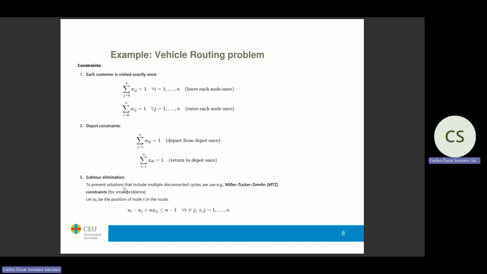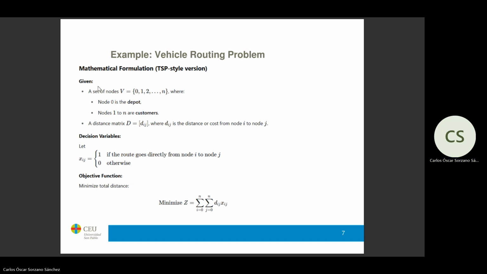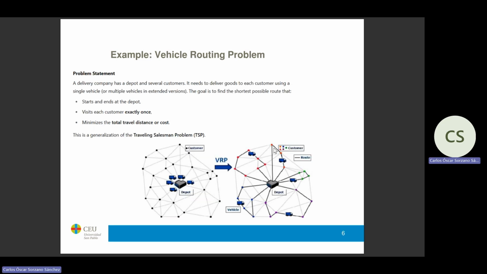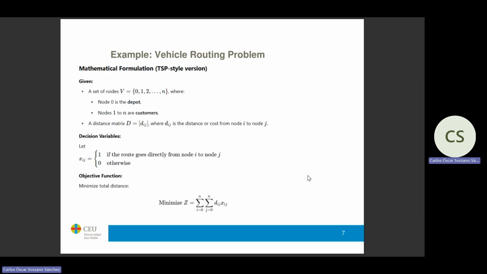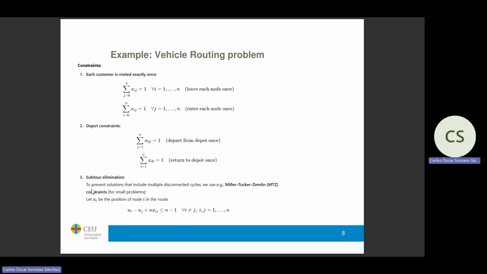And then there is this subtour elimination that we already presented with the traveling salesman problem. That is, you don't want to create cycles here so that you don't go to the depot. So you don't want the routes to be disconnected. They have to be a continuous route, and that can be done with these extra auxiliary variables ui, and ui will be the position of node i in the route, and it has to fulfill this constraint.